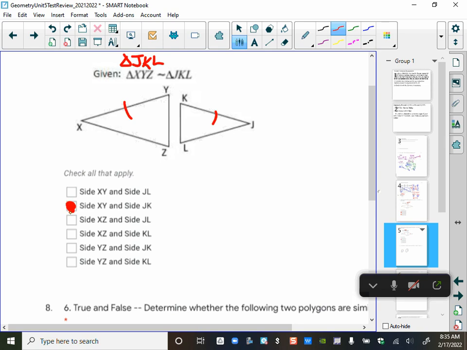What else? XZ is JL. XZ and JL. And YZ and KL. There you go. Again, take your similarity statement.